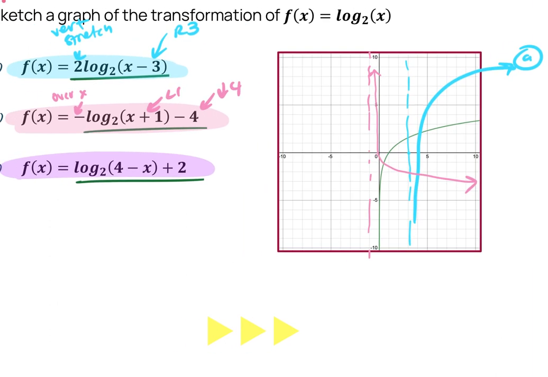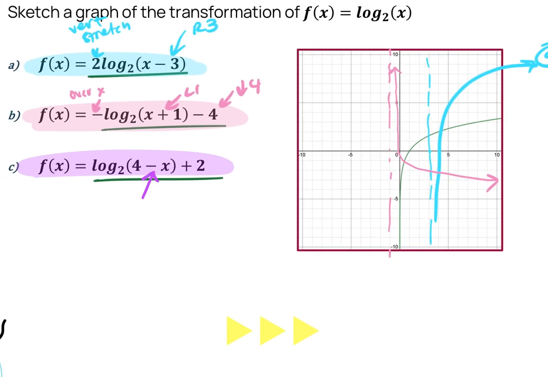Then the last one. What's happening inside here? A reflection across the y. How about the 4? Shift to the left 4, because it would be negative x plus 4, right? I would move this, and then I would change the sign. So it's actually going right 4.